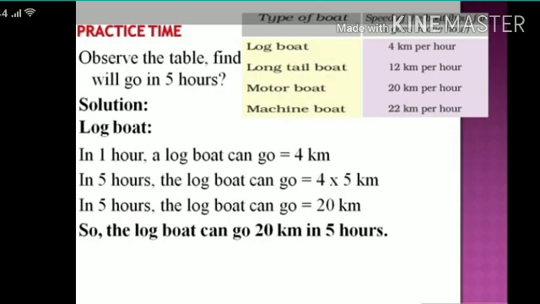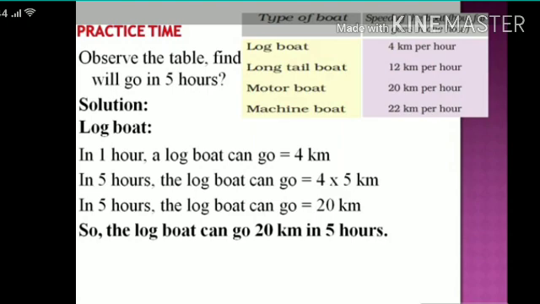Okay. So we are writing the solution now. Look at the solution. In 1 hour, a logboat can go 4 kilometers. Now in our question it is asked for 5 hours. So what you want to do? Multiply by 5. In 5 hours, the logboat can go 4 into 5. What is 4 into 5? 4 5s are 20.